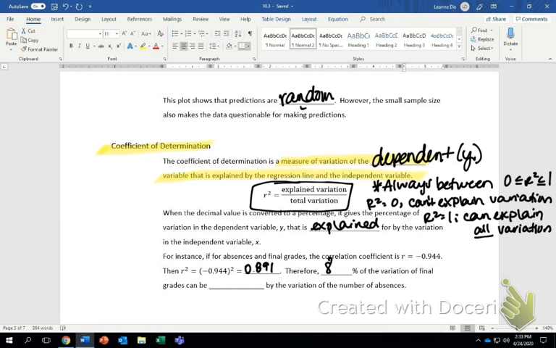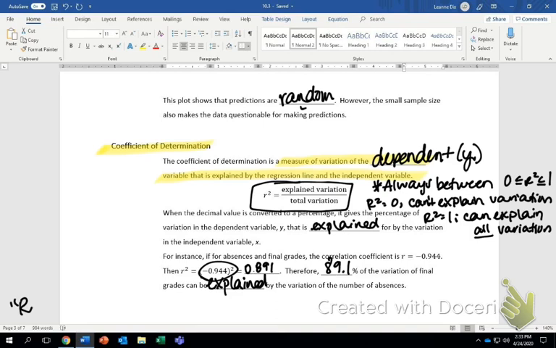What they did was merely take the correlation coefficient and plug it in, and they got negative 0.944 squared. If we type that in the calculator, that gives us 0.891. Turn that into a percentage, and we get 89.1%. Therefore, 89.1% of the variation of final grades, because final grades was our dependent variable, that was the outcome, can be explained by the variation of the number of absences.